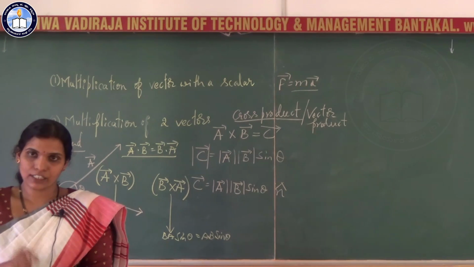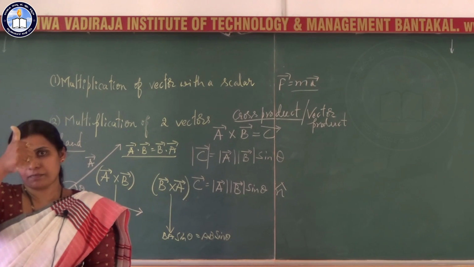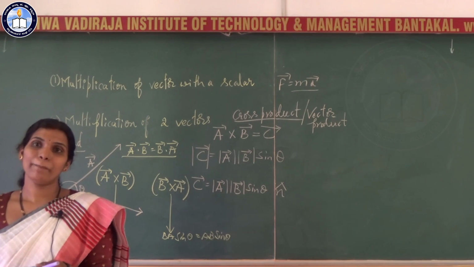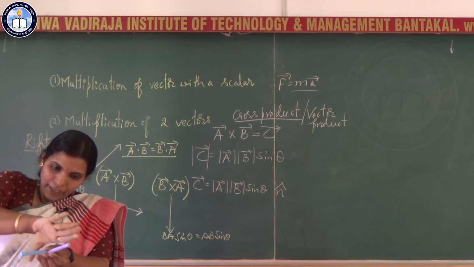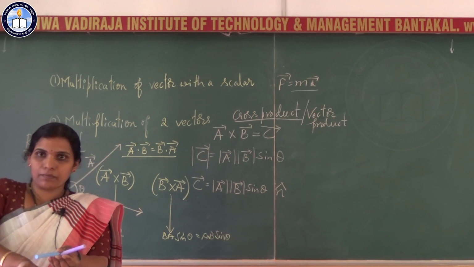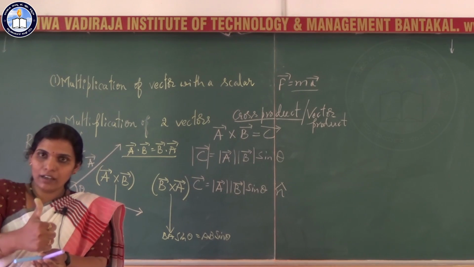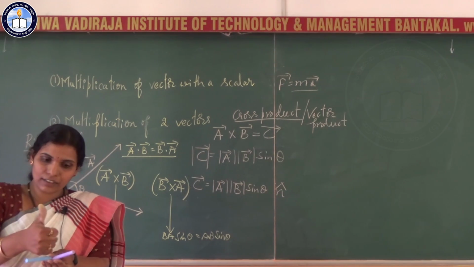This is A vector, this is B vector. A cross B, the direction is this. Okay. What about B cross A? B is this, A is this. So, B cross A, the direction is this. A cross B, thumb is pointing upwards along the positive y-axis.